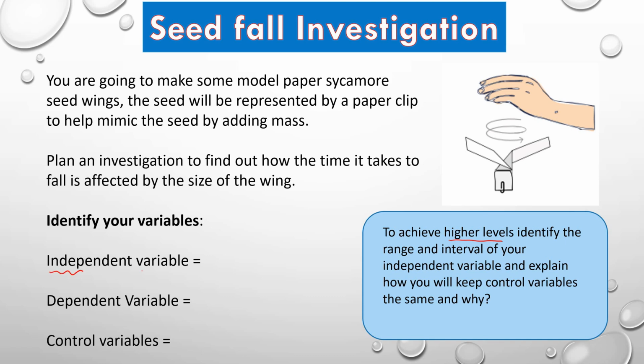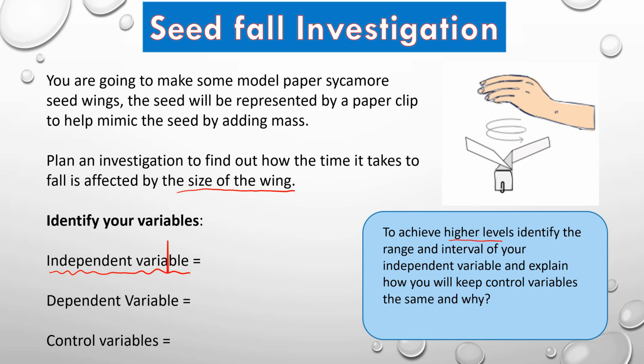So remember, the independent variable is the variable that you change. So thinking back to the video of how to make the seed, what did we say we were going to change? And how will we do that? So with the scissors, we could cut the slit. We folded the wings back.